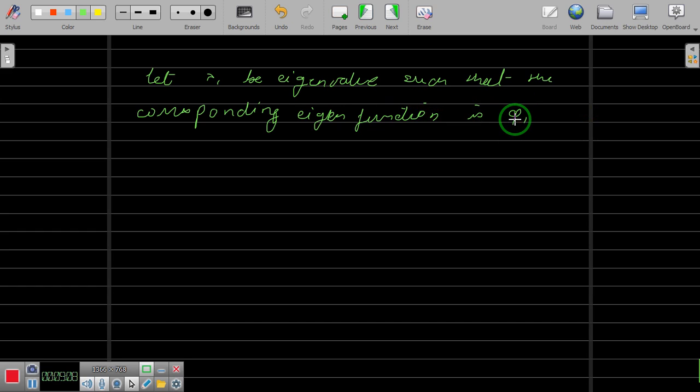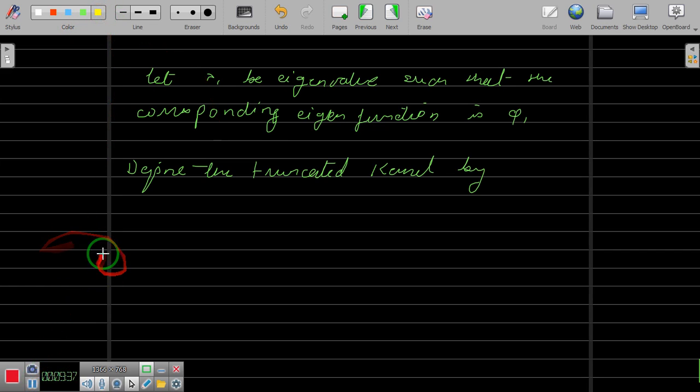That's what we have already assumed: lambda 1, phi 1, lambda 2, phi 2, and so on. Now using this lambda 1 and phi 1, let us define the truncated kernel. If you remember, we have denoted the iterated kernels by k suffix n. Here we are defining our truncated kernel with the index in a bracket on the top.